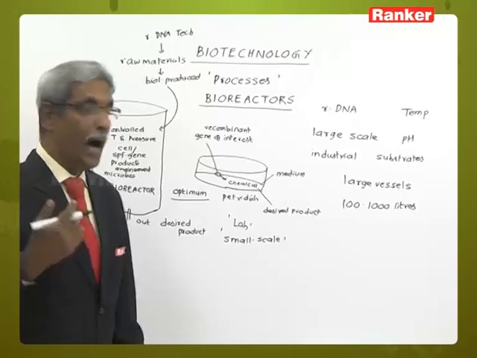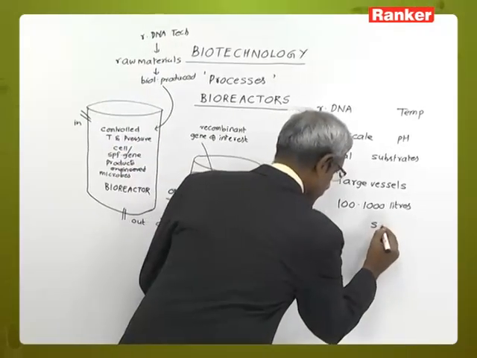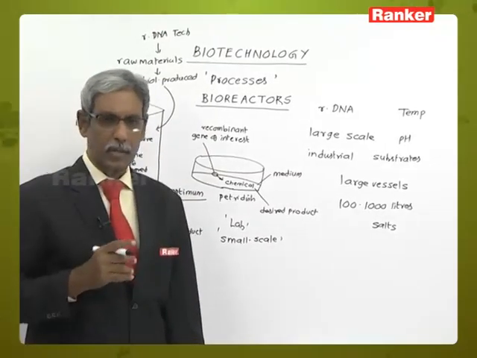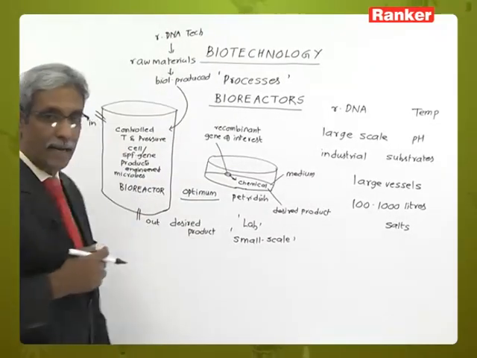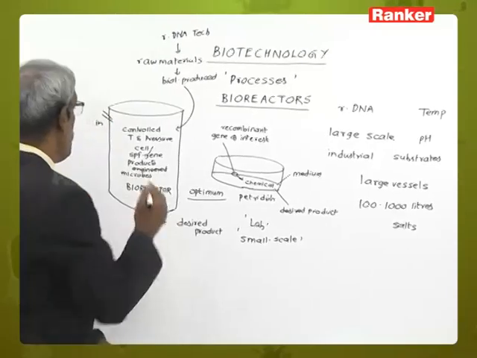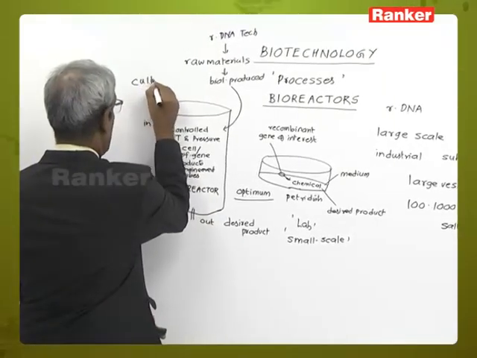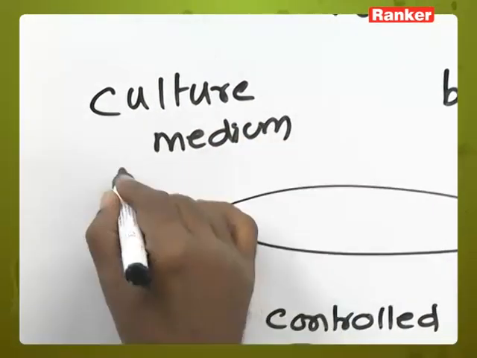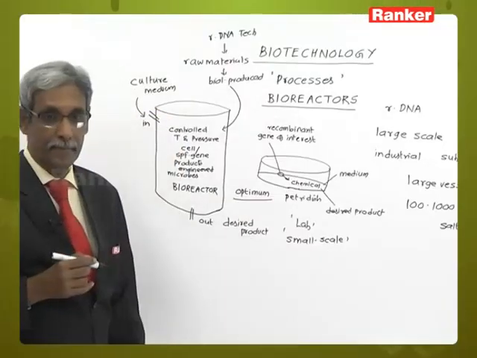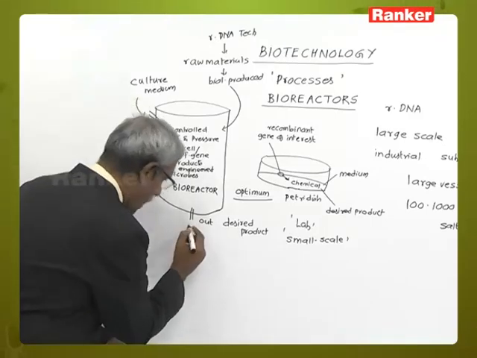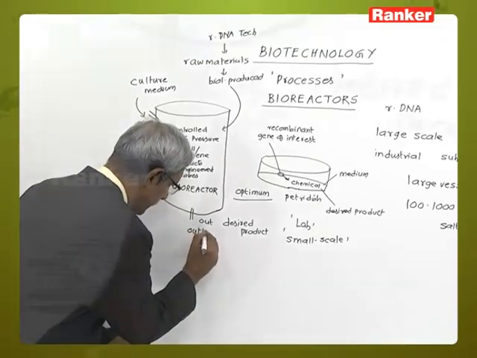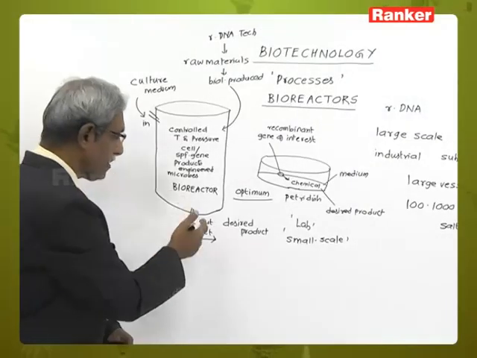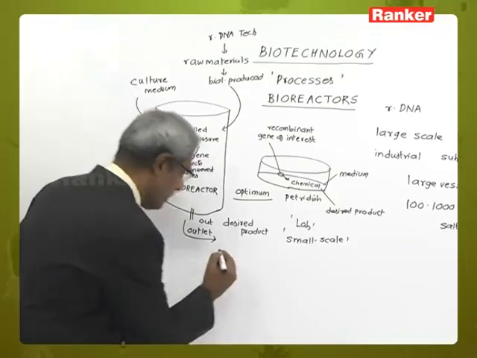It may also include addition of salts. So, it has an inlet for a large volume of the culture medium, which is fed through the inlet valve, and it also has an outlet from which the spent media is thrown out.